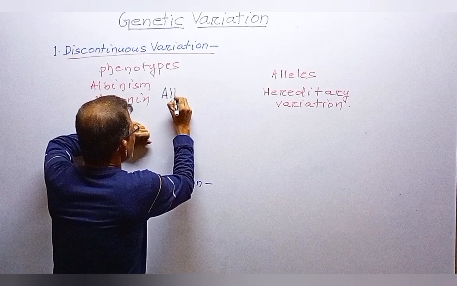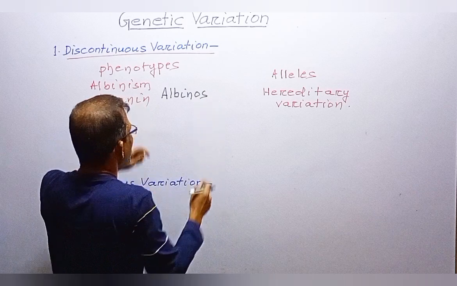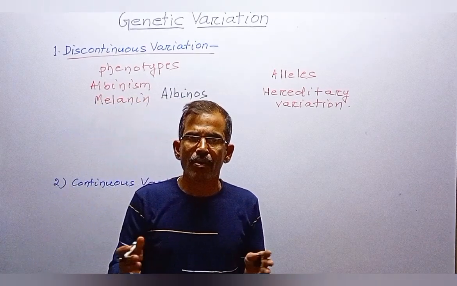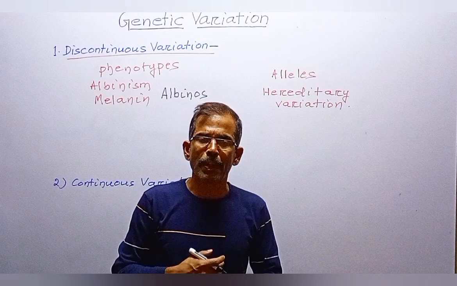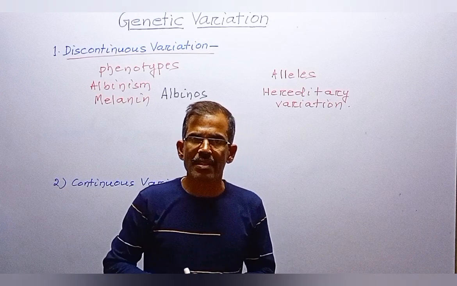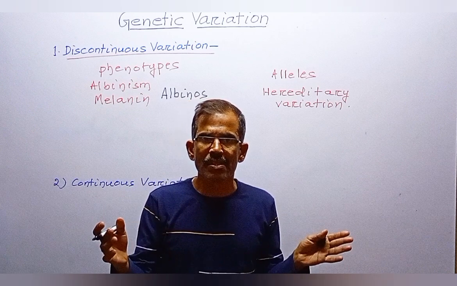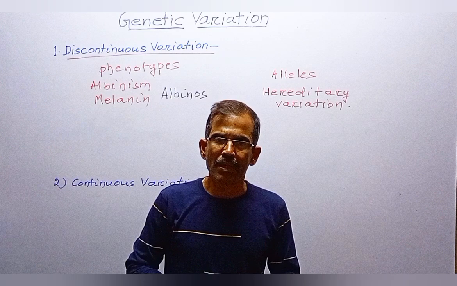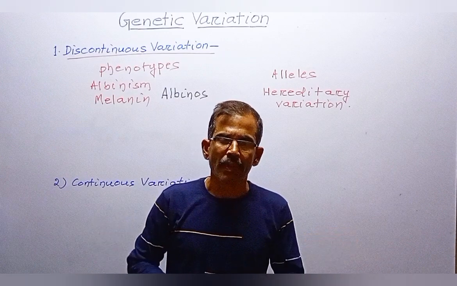They completely lack the pigments in their skin and hair. However, they are found in all races. The difference between pigmented and unpigmented skin is caused by two different alleles of one gene which encode the enzyme involved in synthesis of melanin.